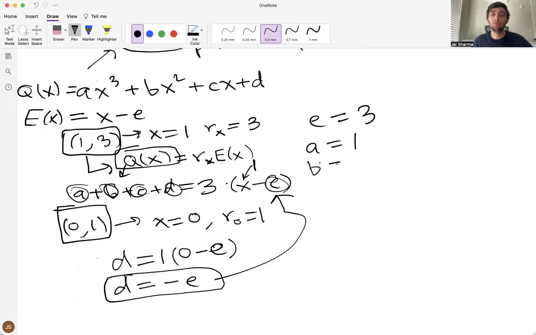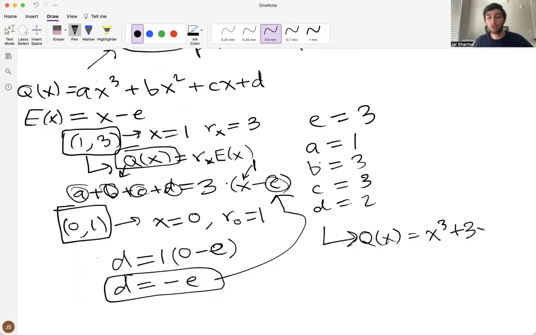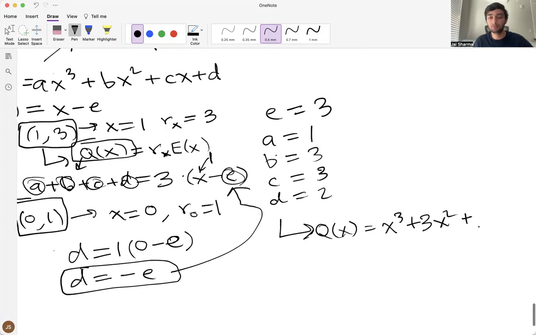I'm just looking at the answer. b equals 3, c equals 3, d equals 2. So what this is saying, if you solve all of these equations, is that Q of x is equal to x to the power of 3 plus 3x squared plus 3x plus 2. And E of x is equal to x minus 3.